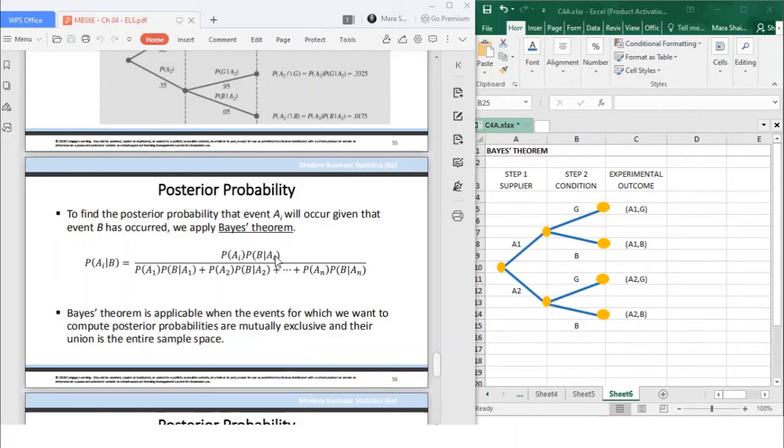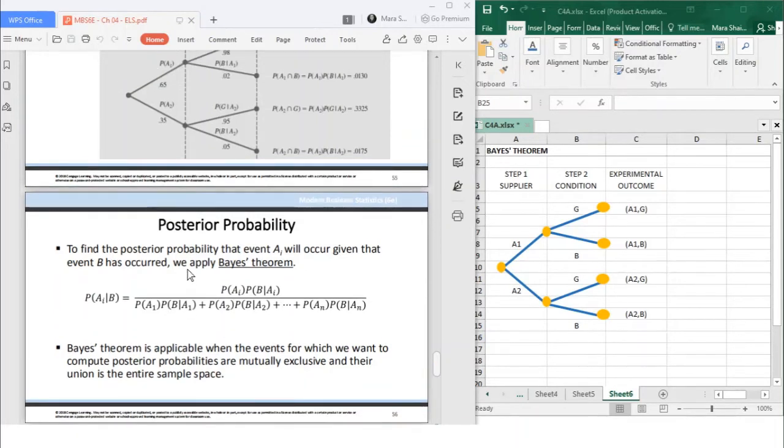If there are more, then your n changes. In this case, since we are only at 2, we stop here. It is divided by the probability of A1 times the probability of B given A1, plus the probability of A2 times the probability of B given A2. That is where Bayes theorem stops.